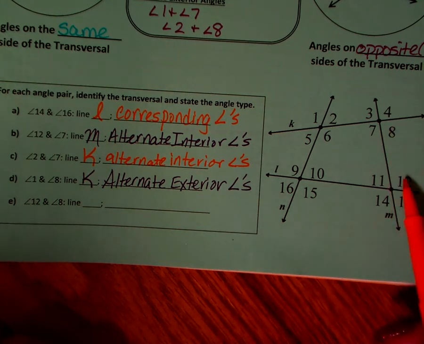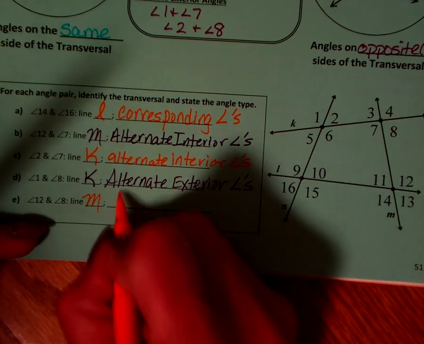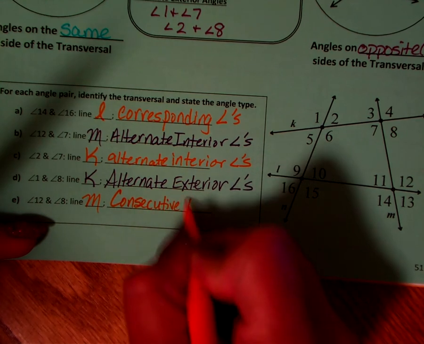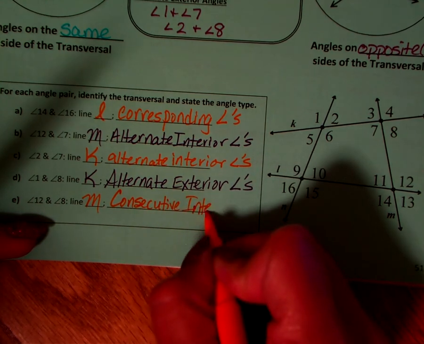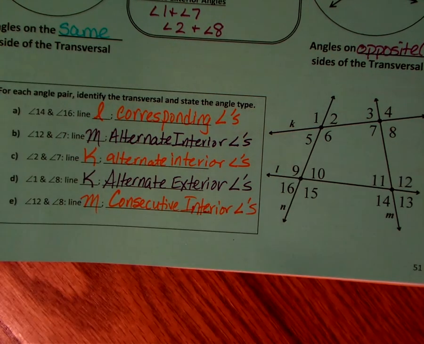So what would be your transversal? It would be M. And those are consecutive interior angles. So just a little practice with identifying what's the transversal and then what those two angles are to each other.